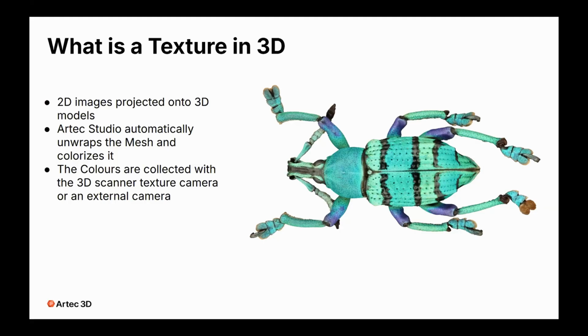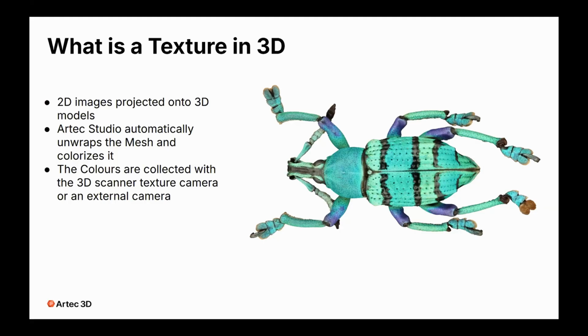So if a texture is simply a 2D image that is being projected, a texture atlas is a combination of those different textures in a single master image file. This way, it is easier to store those textures and to display them for the 3D software.